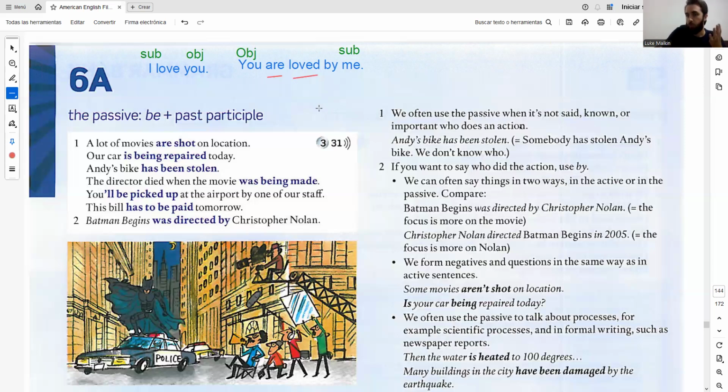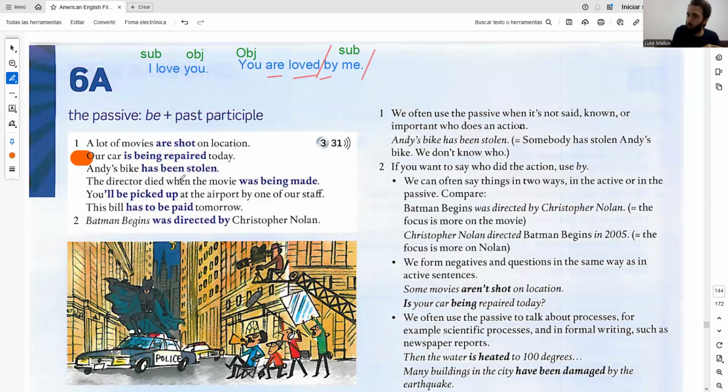Normally, we use the passive when the subject, in this example, me, is unknown. And I can show you an example of this. Let's see this one. Our car is being repaired today. Is the car repairing something?